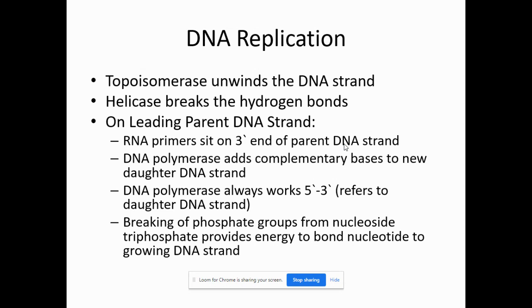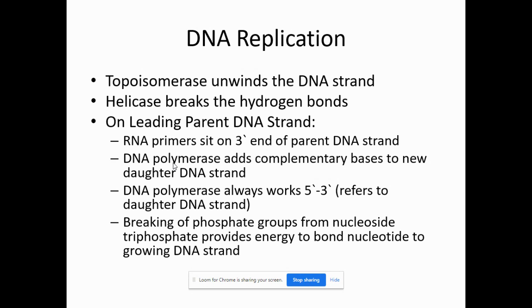Now let's talk about the leading strand. You have this enzyme, DNA polymerase, that is the main enzyme that comes in and adds bases to the growing DNA strand. But it can't just start building a DNA strand from scratch. It's got to have a head start, something to bind to first and add the base pairs to.